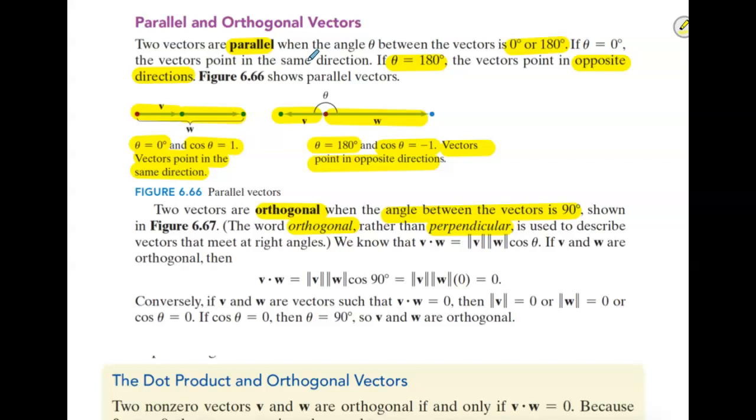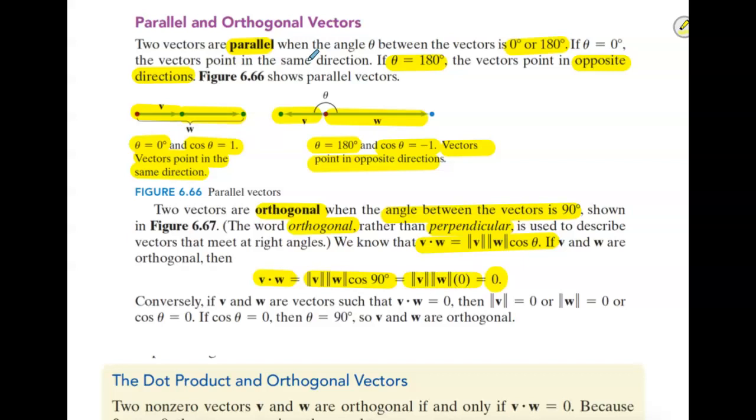So what you would get is the dot product formula, and when you're done, your dot product will equal 0. So here's your dot product, there's your formula, and when you're done, you're going to get a value of 0.